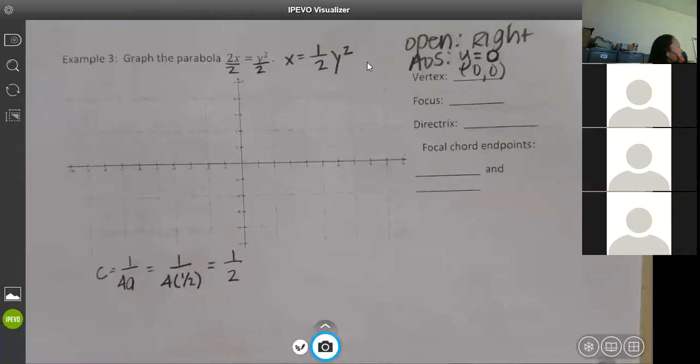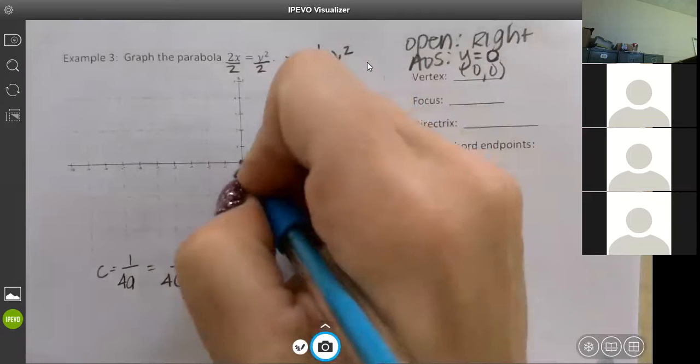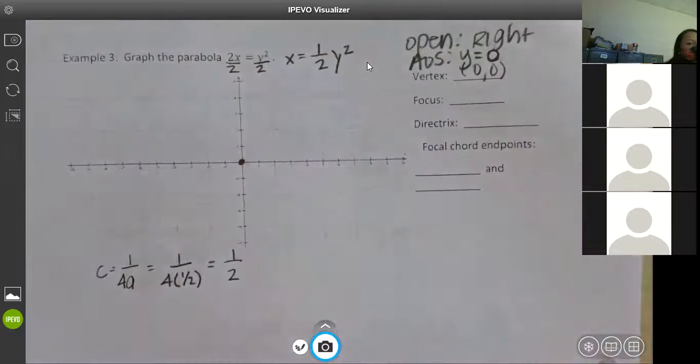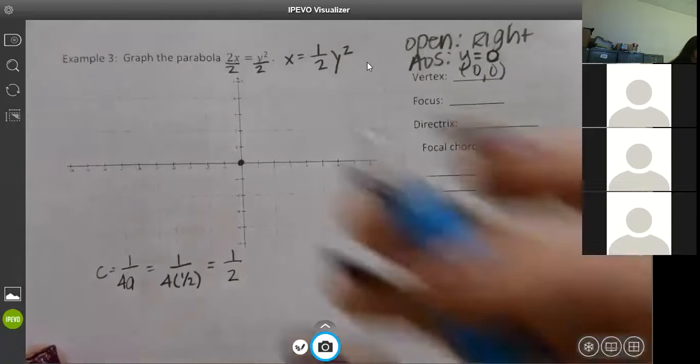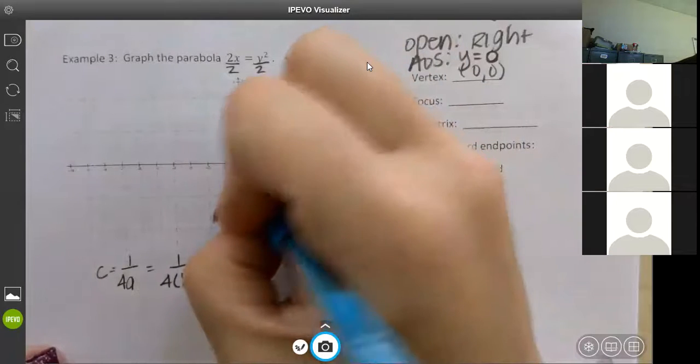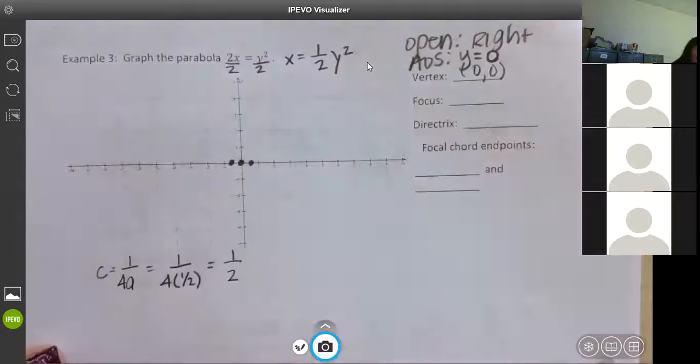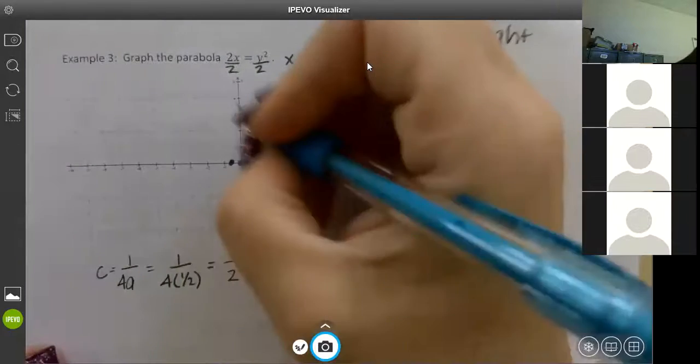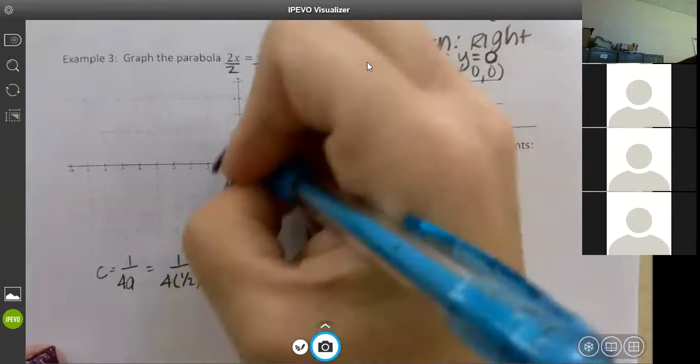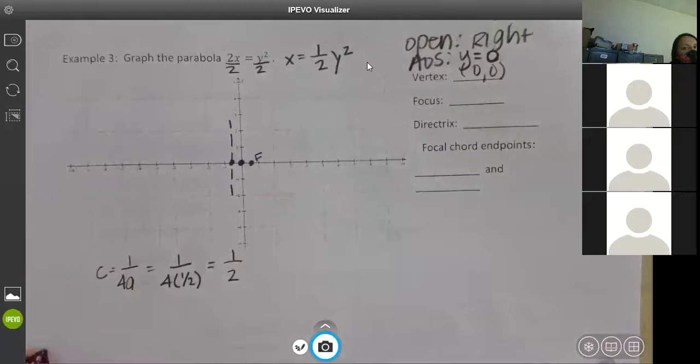The other one, we had 1/2 on the other one as well, so we should be okay. All right, so your vertex is 0, 0. Which way do I go now? How do I work with this 1/2? Left or right? Left and right. 1/2 and 1/2. Since it opens right, this one is your focus. This one is your directrix.